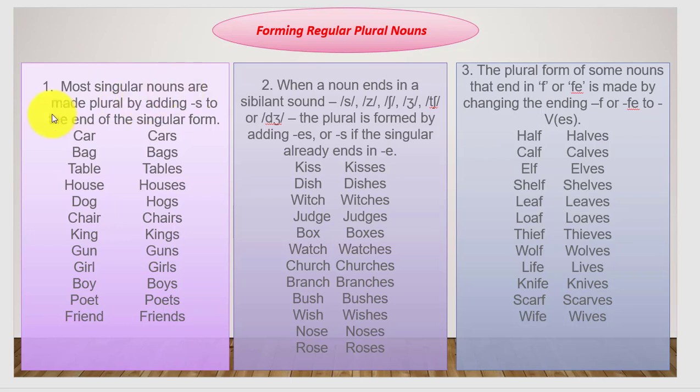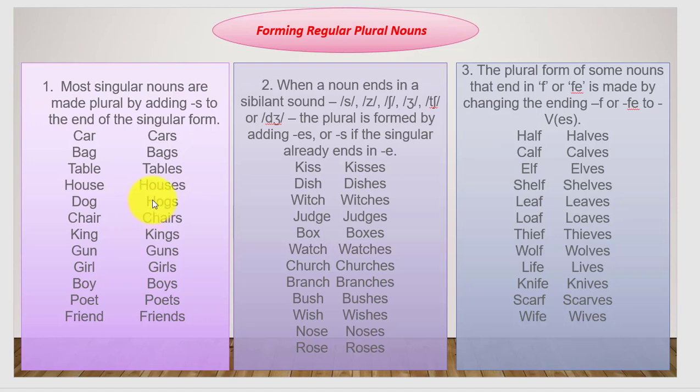Most singular nouns are made plural by adding s. So the majority of them get their plural by adding s to the end of the singular form. If you add an s to the singular form, you get its plural. So car will get its plural by adding s, as cars. Bag, bags. Table, tables. House, houses.